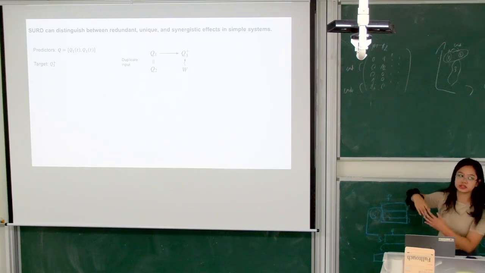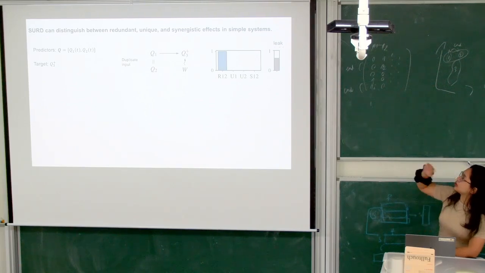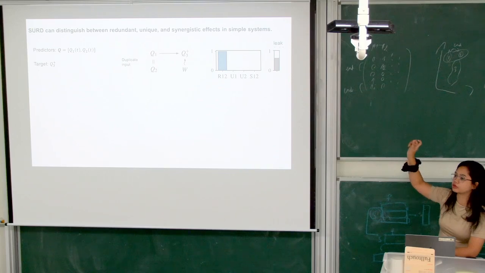So Q1 and Q2 are just the same, and they tried to solve each of the decompositions. And here we only have a score for R12, so that means it is just the redundant causalities from both 1 and 2. And that's correct because 1 and 2 are just the same.